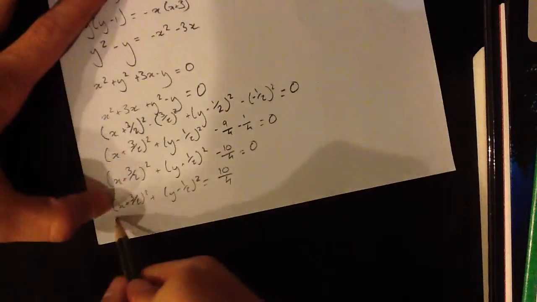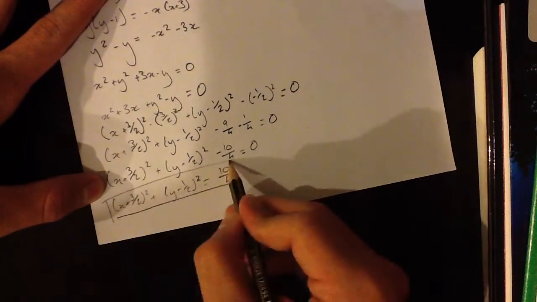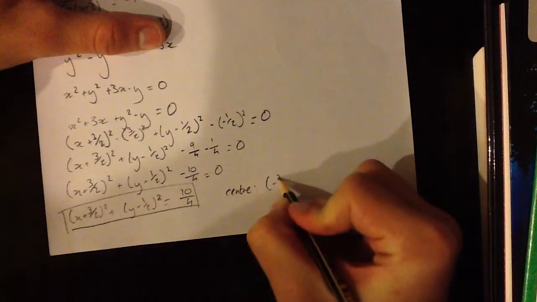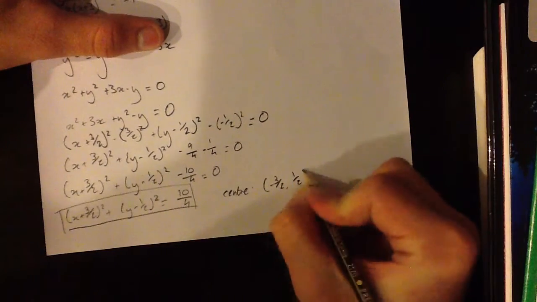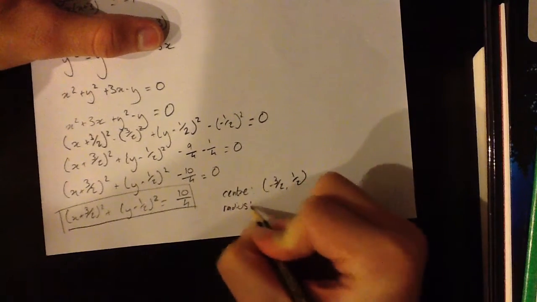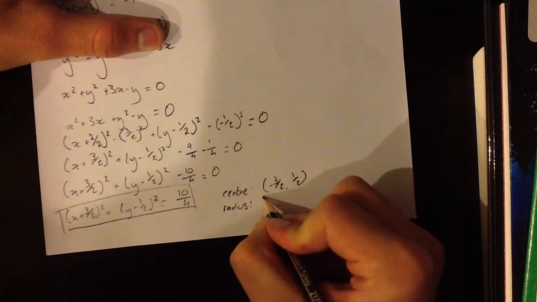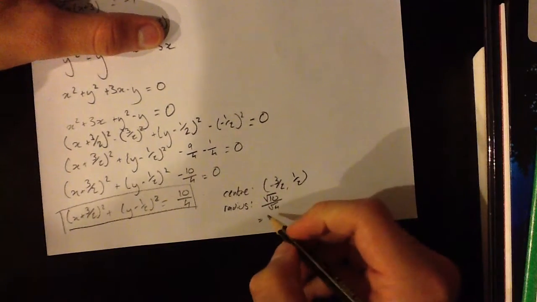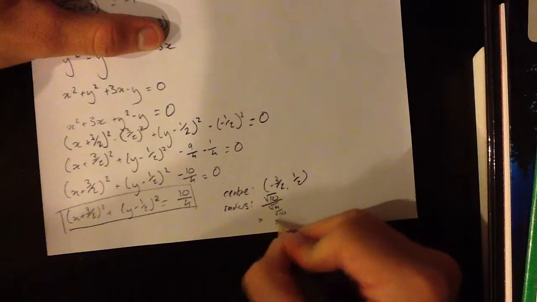So this is an equation of a circle, and we will use that to describe the loci. The center of this circle is minus 3 over 2, half, radius. It's not useful information, but we'll use it anyway. Root 10 over root 4, I'll leave root 10, root 10 over 2.